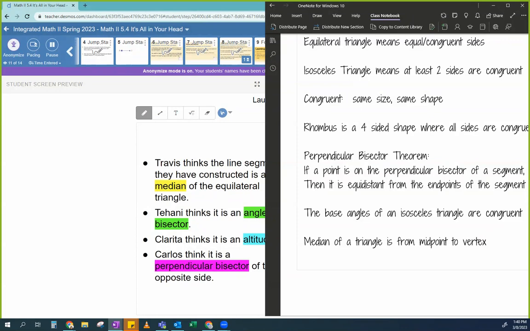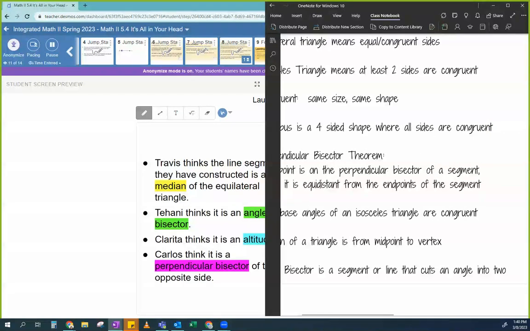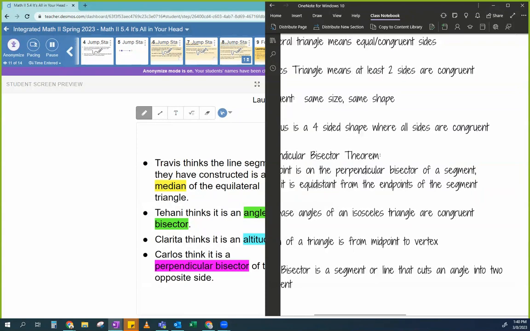An angle bisector is a segment or line that cuts an angle into two congruent angles.